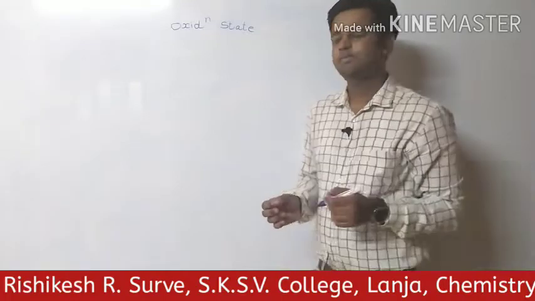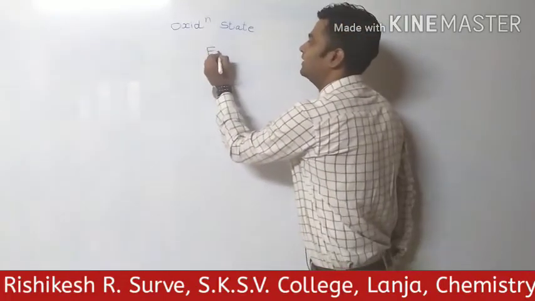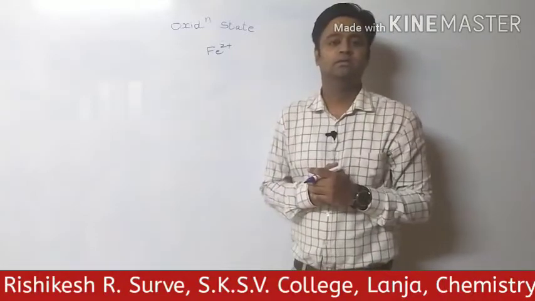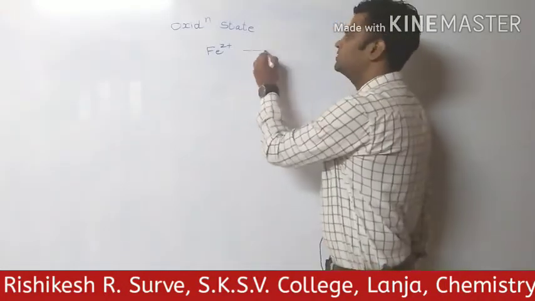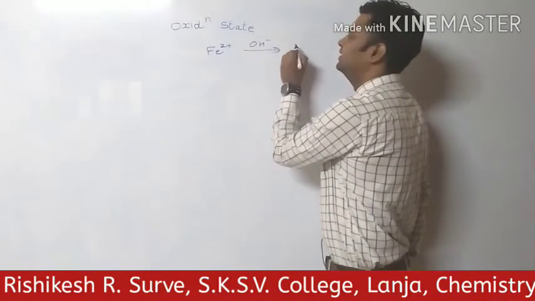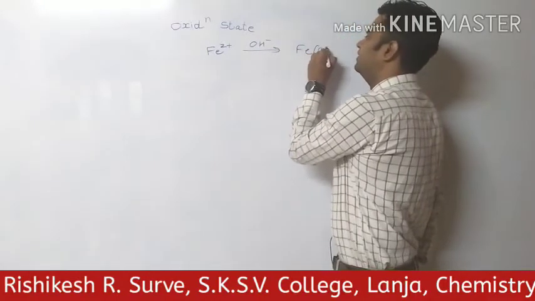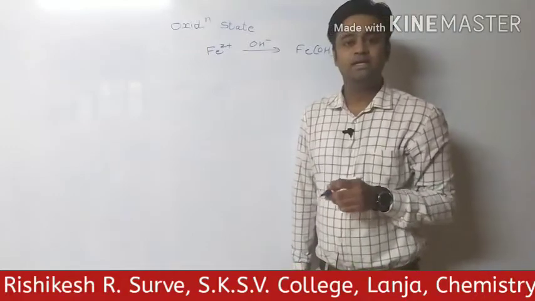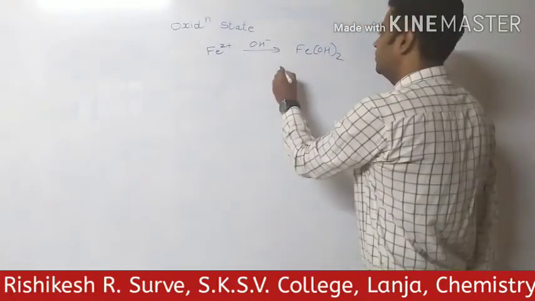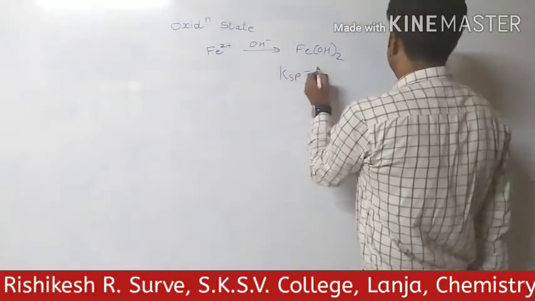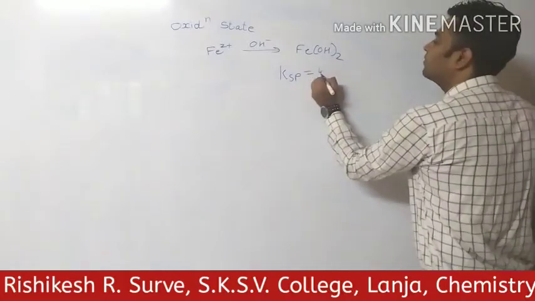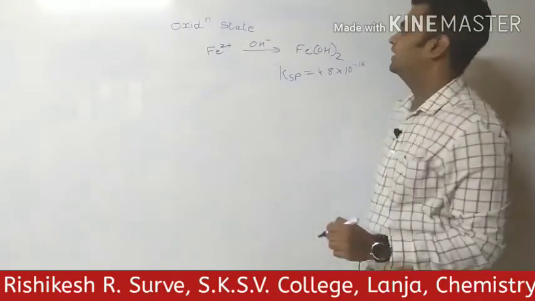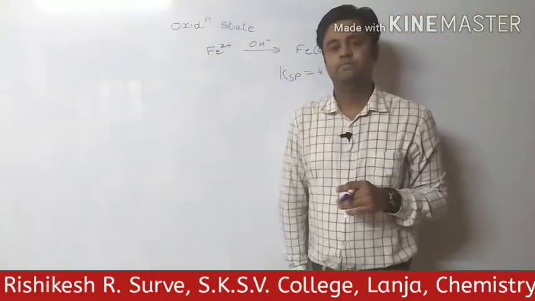For example, if we want to separate Fe2+ from other ions, on addition of OH- it will produce ferrous hydroxide precipitate, but its Ksp value is quite large and is equal to 4.8 into 10 raised to minus 16, and it is harder to reach.